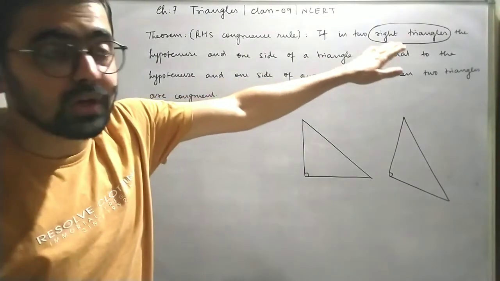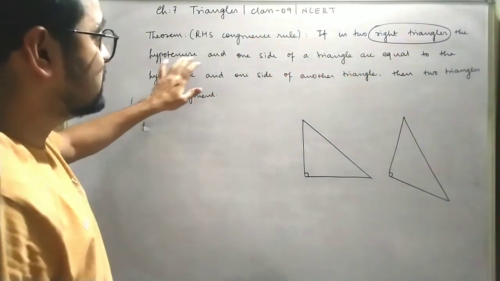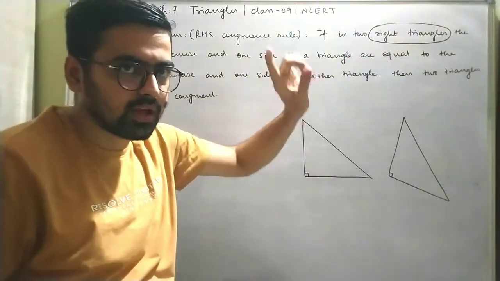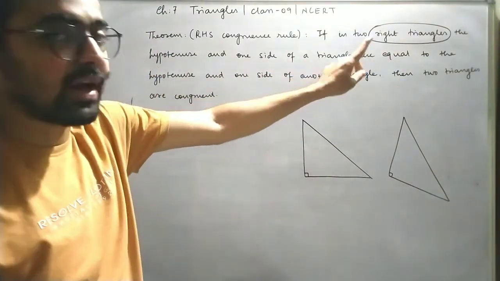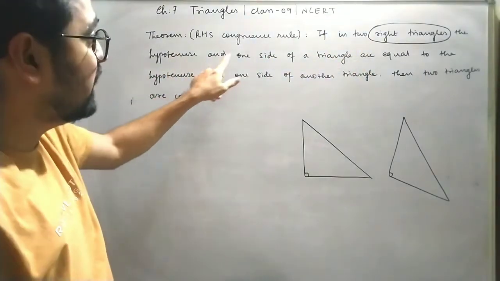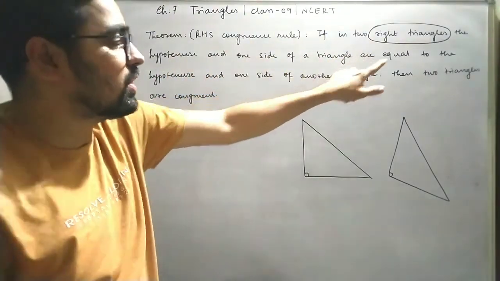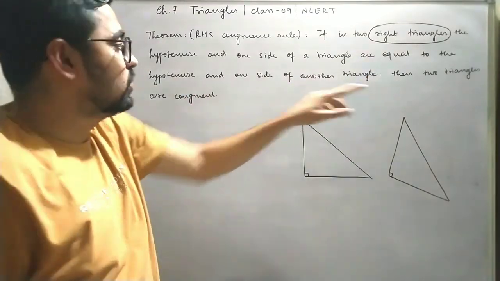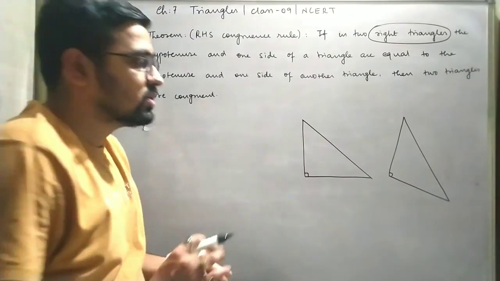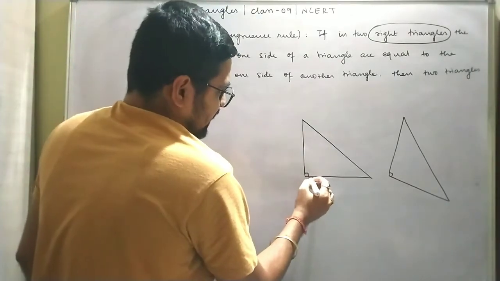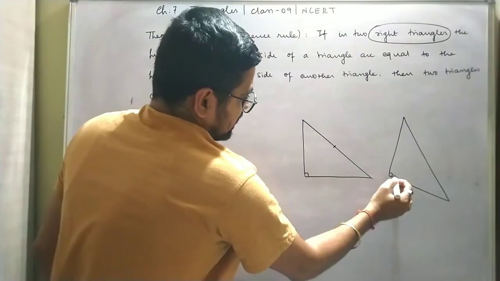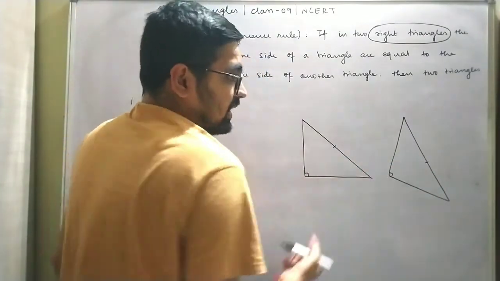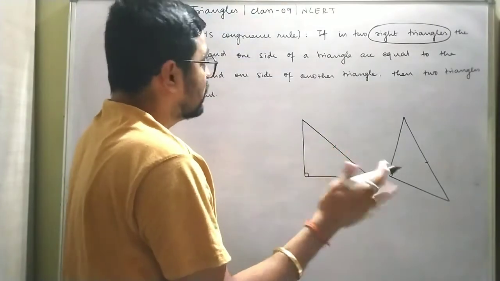So if in two right triangles the hypotenuse and one side of a triangle are equal to the hypotenuse and one side of another triangle, then the two triangles are congruent. So first of all, we know this is 90 degrees. So this is going to be the hypotenuse. This is 90, so the side opposite to that is the hypotenuse. So these two should be equal, and one of the sides.